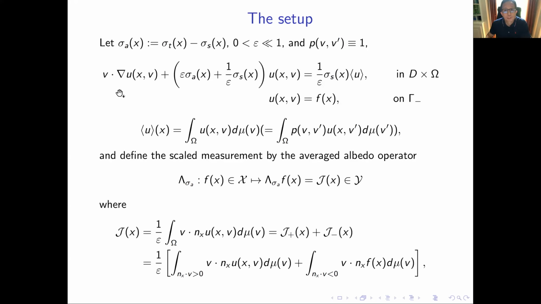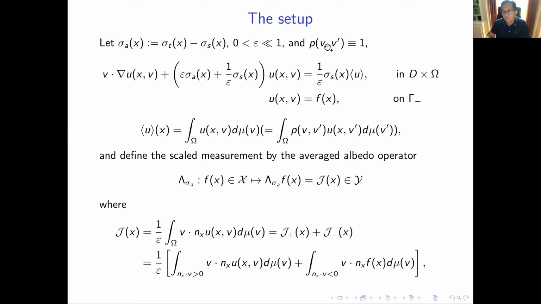Also our scattering is simplified. Again, we only need to construct one example. If the model is too complicated, then it's very difficult to construct an example. So here we simplify as much as we can, but not to the extent that the instability disappears.